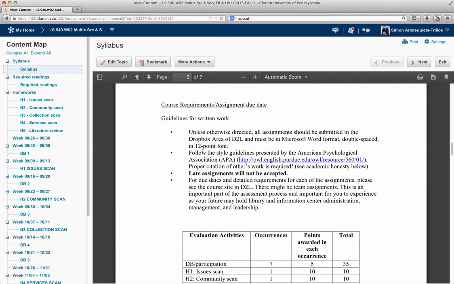Any work that you're going to cite, that you're going to use for this class, make sure you cite it using APA style. Other professors may use different styles. I use APA.